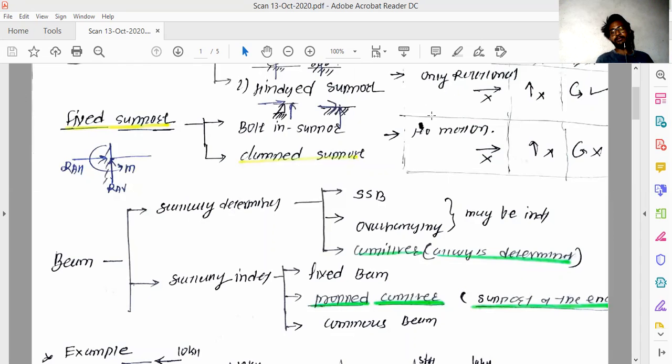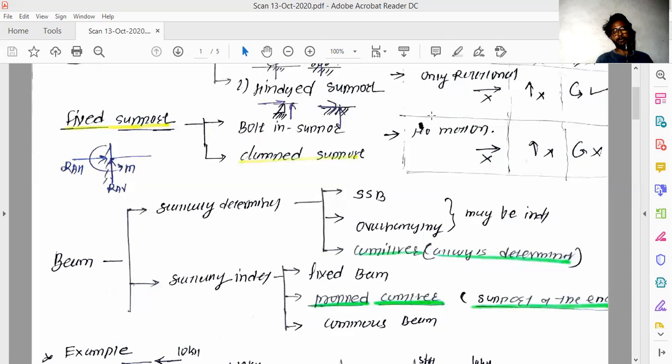And the third is the cantilever beam. In the cantilever beam, we know it has a fixed support at one end, and the other end is in the air. Just because of that, it is always determinate.